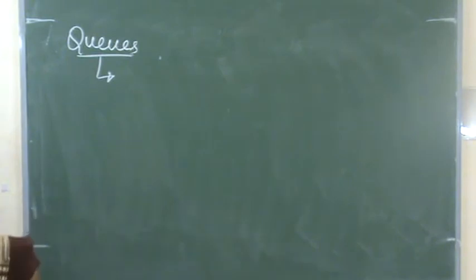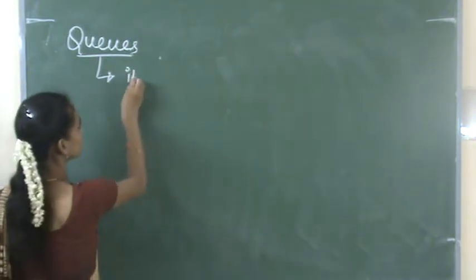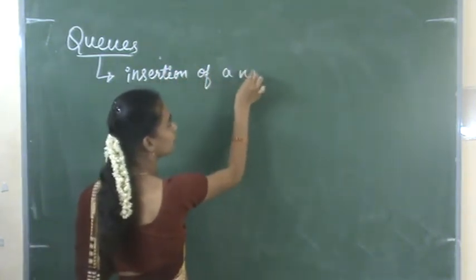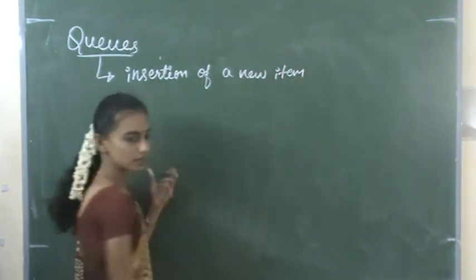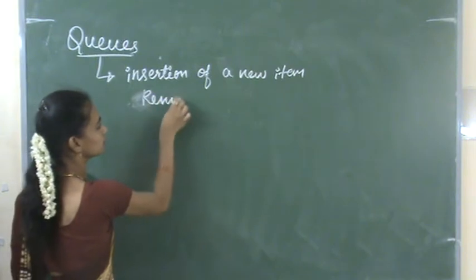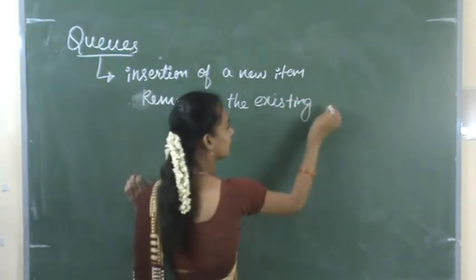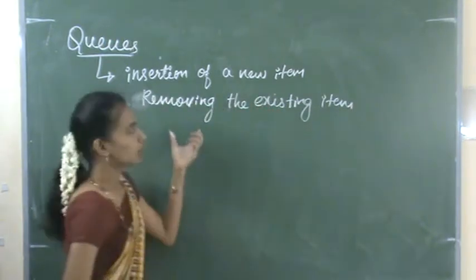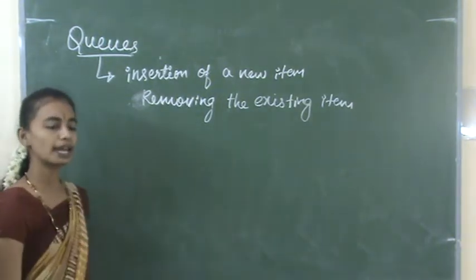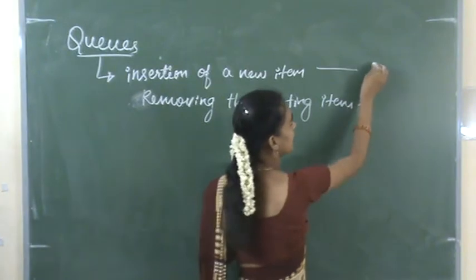Queues is also a collection of items or elements in which inserting a new item and removing the existing element takes place at different ends.